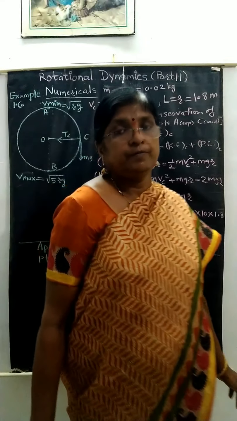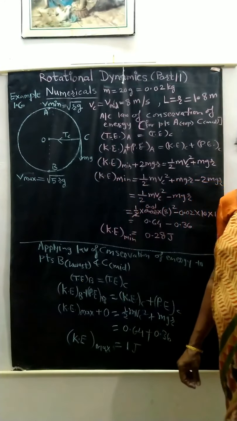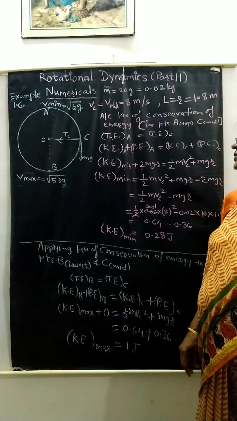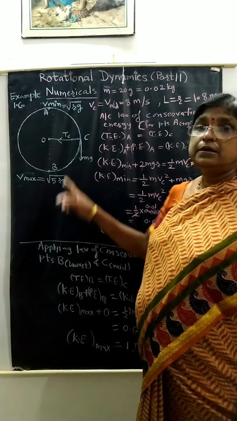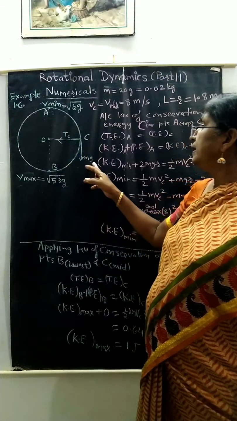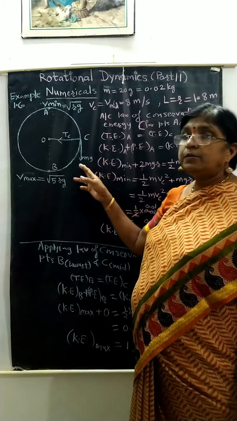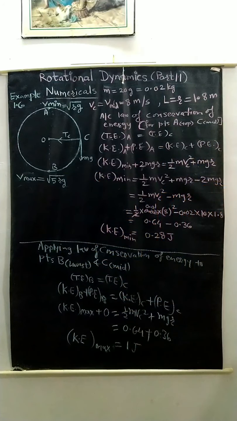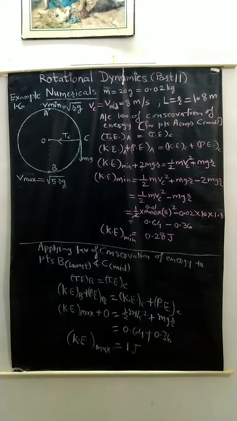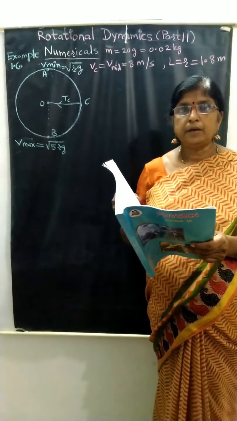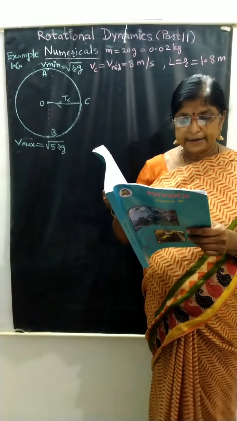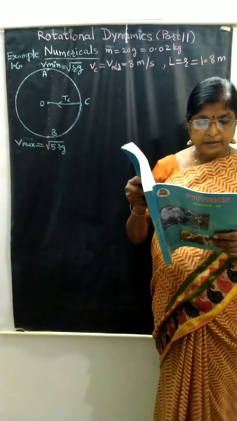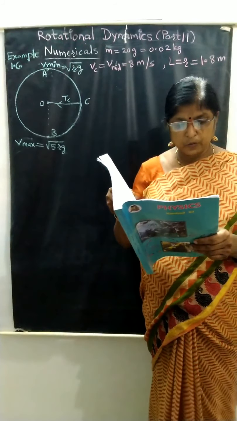Now in the second part, we have to find out the position of the particle such that at that point the tension in the string and the weight of the body are numerically equal. Let us solve that. In the next part of the problem, it is said that theta equal to 0 is the angular position of the string when the stone is at the lowermost position.